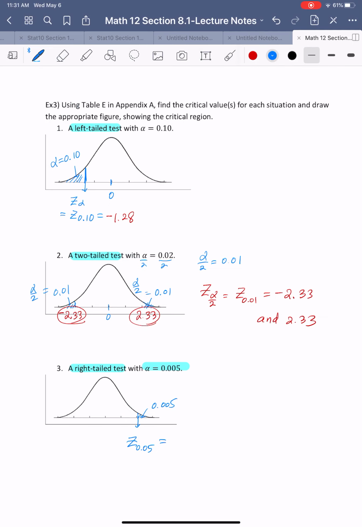You can use this area directly, but the non-critical region is 1 minus 0.005, so you can also use 0.995. Maybe you want to use this one, so let's use that one.